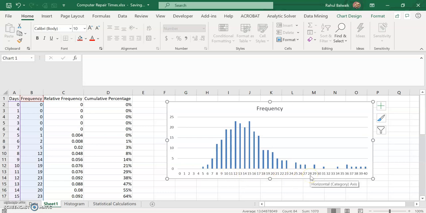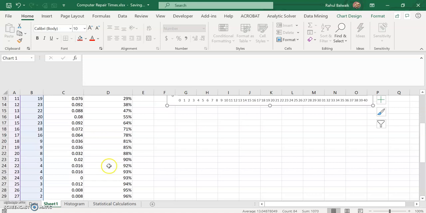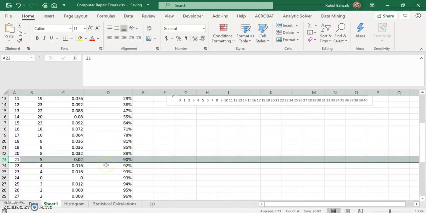So if you tell your customer that in 14 days the computer will be repaired and it will be good to go, but the customer returns and sees that the computer is still not ready, you will get a non-satisfied customer, right? So at that time the frequency distribution helps. Since we are using the frequency distribution, you can see here around 90% of the computers are getting repaired in the 21-day interval, right?